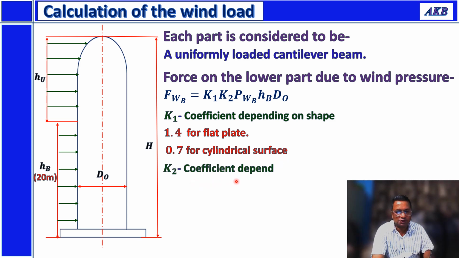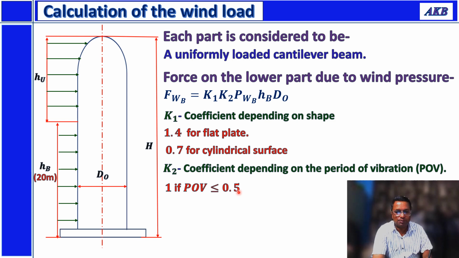K2 is a coefficient that depends on the period of vibration. Let us denote it as POV. If POV, period of vibration, is less than or equal to 0.5, then K2 is 1, and if the period of vibration is greater than 0.5, the value of K2 is 2.